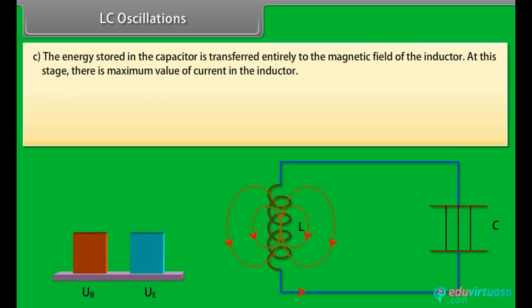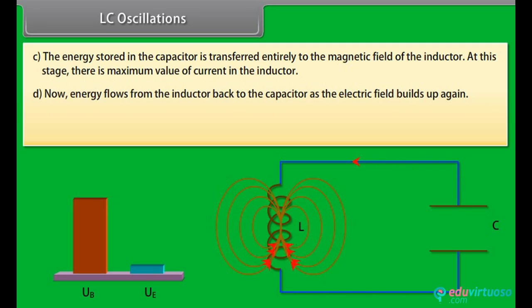The energy stored in the capacitor is transferred entirely to the magnetic field of the inductor. At this stage, there is maximum value of current in the inductor. Now, energy flows from the inductor back to the capacitor as the electric field builds up again.